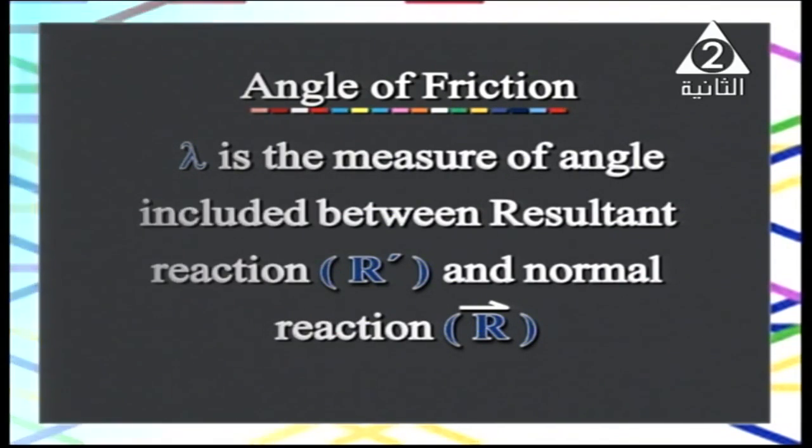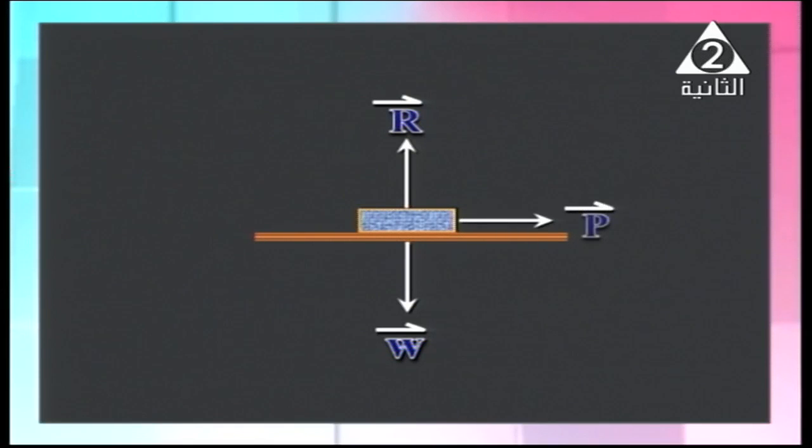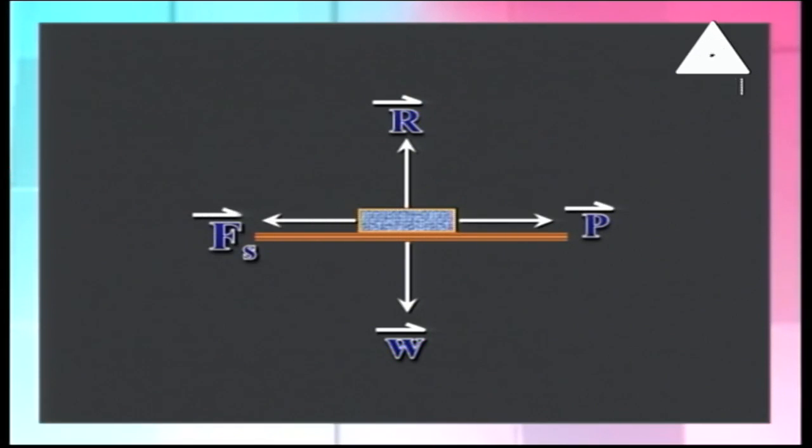Look at, when a body is put on the table, R is the normal reaction, its weight is W, and a force acts on it, then F is the limiting static friction force. We deduce that R dash is called the resultant reaction, the resultant of R and Fs.